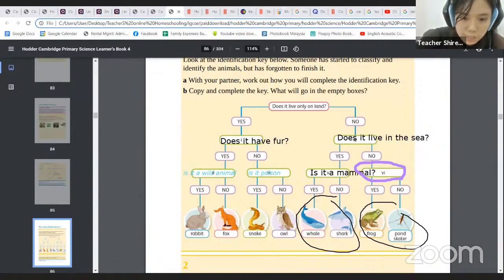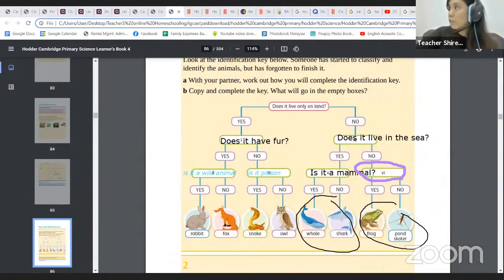Or you can say, is it poisonous? Poison is not correct English here. Got it? Is it poisonous? Okay, pretty good. Any questions?